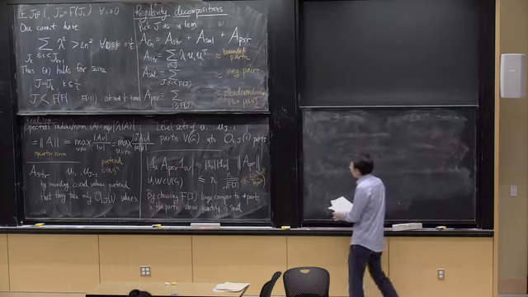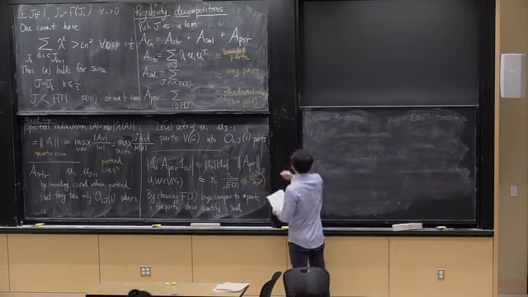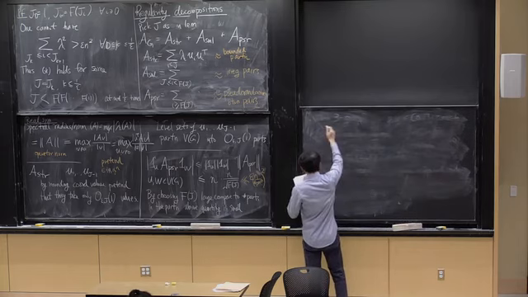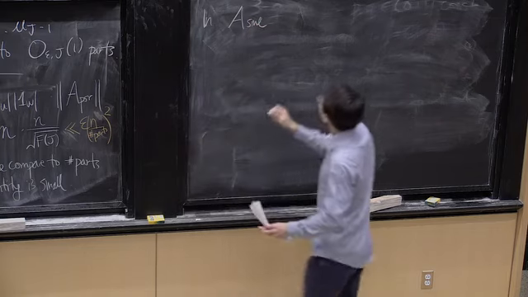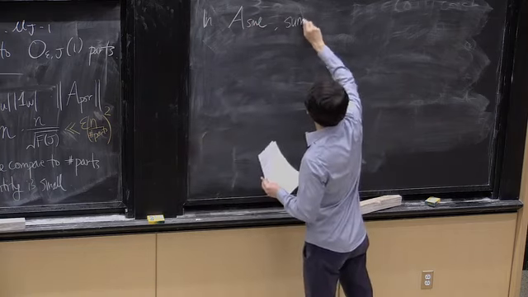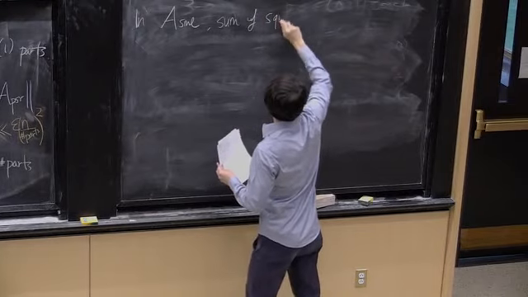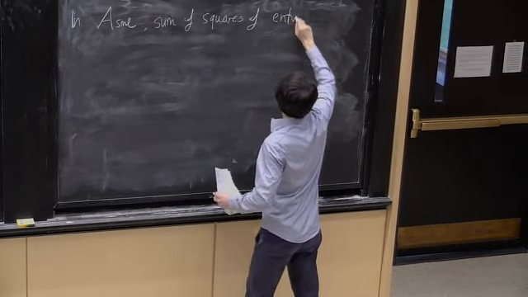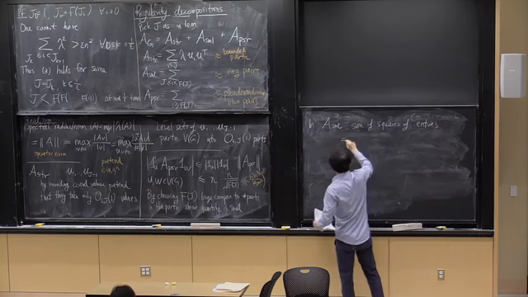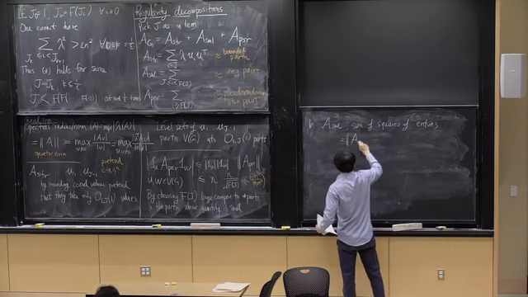And finally, what's happening with A small? The sum of the squares of the entries, okay, this also has a convenient name. It's called the Hilbert-Schmidt norm.